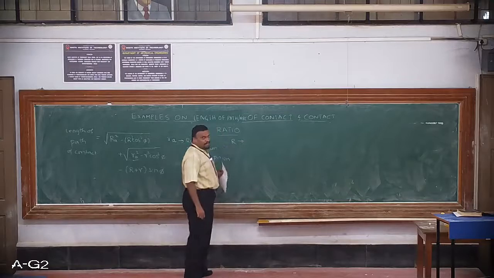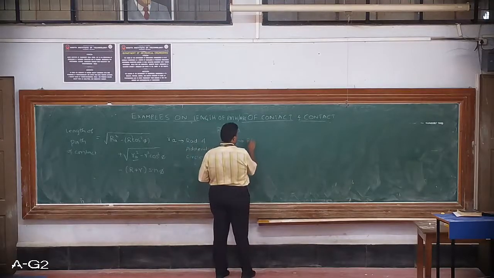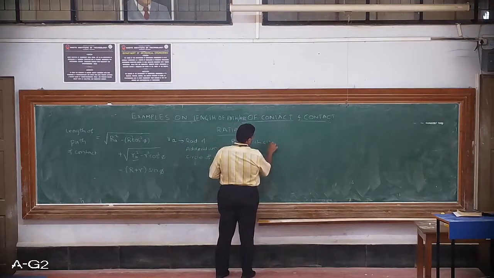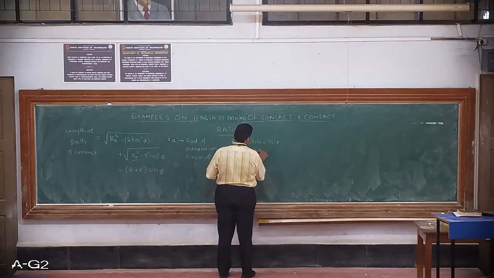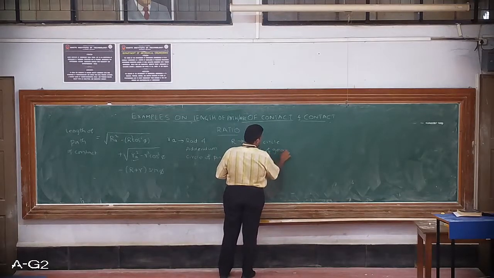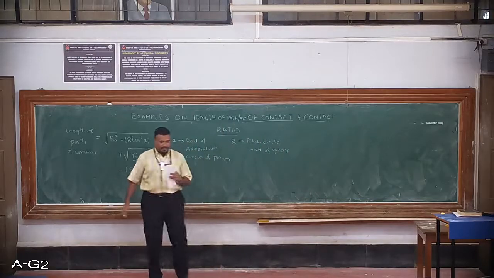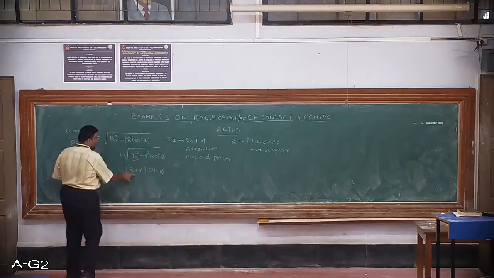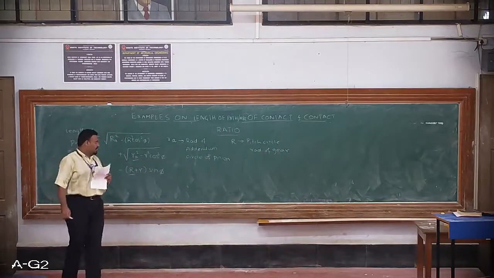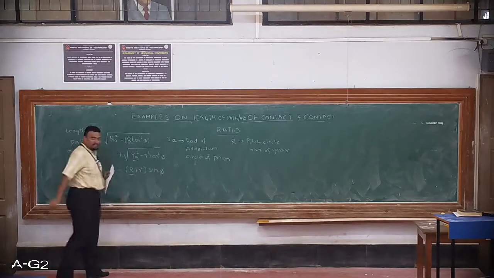Next we have the capital R. So this is pitch circle radius of gear. It is also present over here.